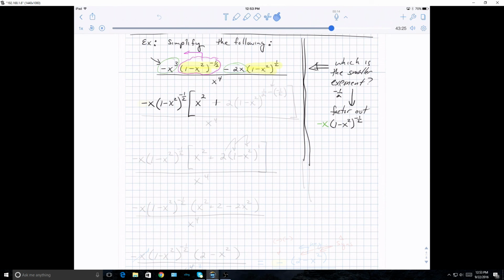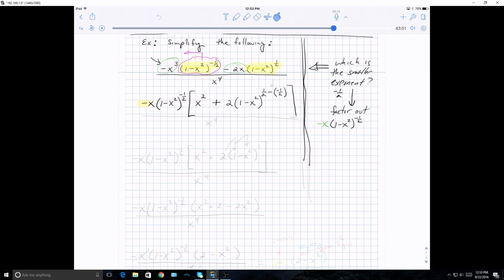Now the sign is going to change because we factored out this negative and the negative x. So what's left here is 2 times the quantity 1 minus x squared to the 1/2 power minus a negative 1/2.